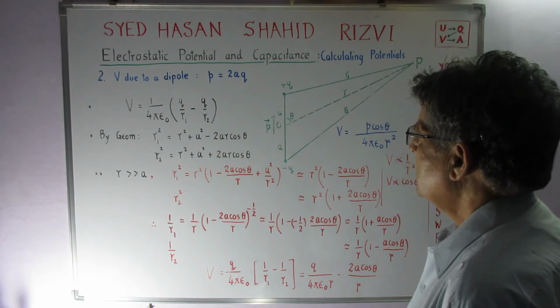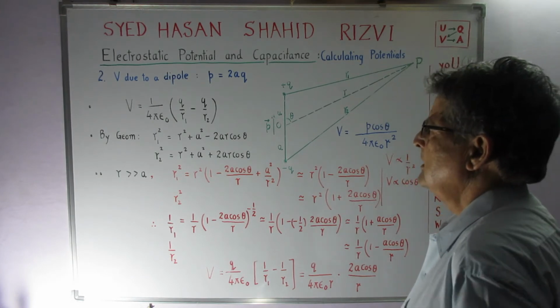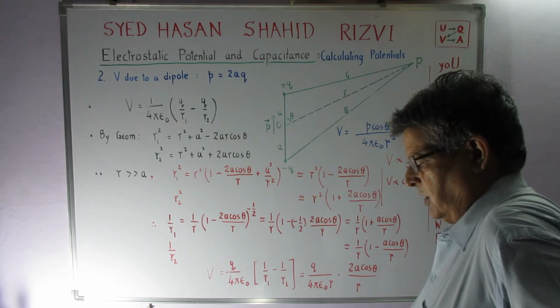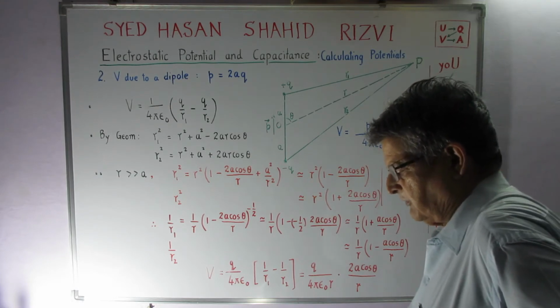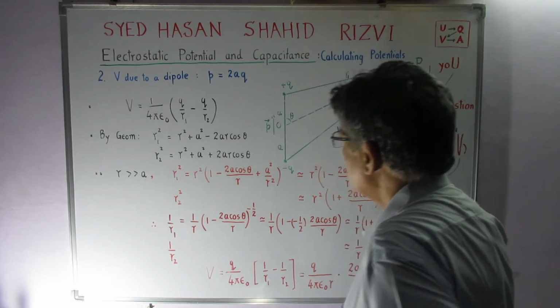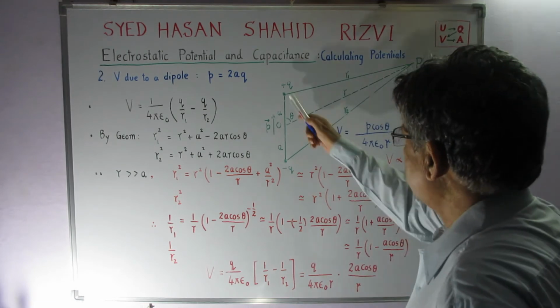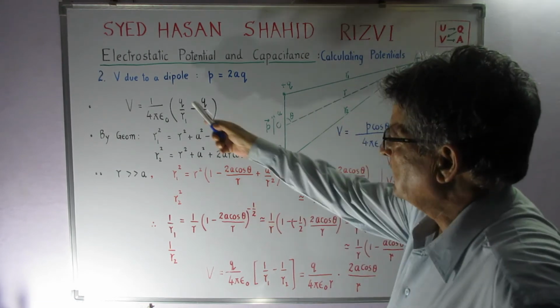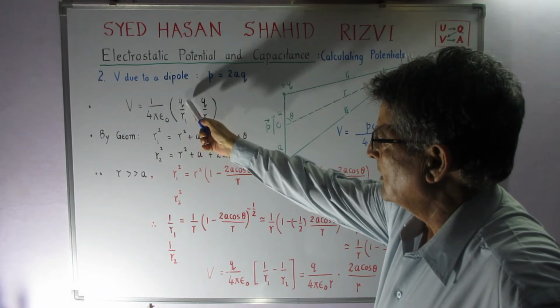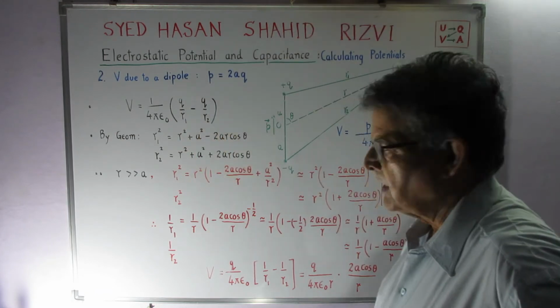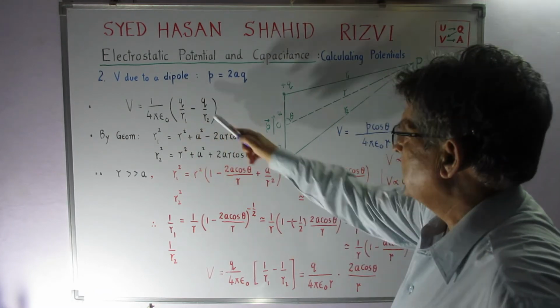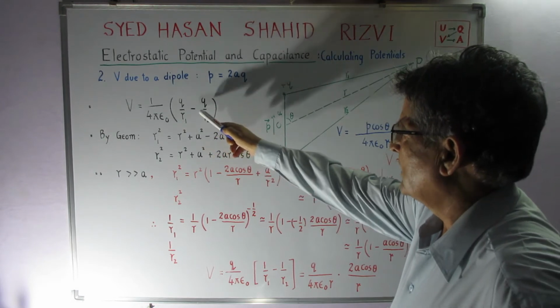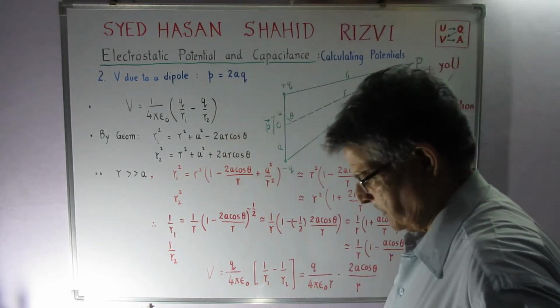It's very easy from the calculations that we did for point charges that for this point charge V will be equal to 1 upon 4 pi epsilon naught q upon r1, and for this one it will be 1 upon 4 pi epsilon naught minus q upon r2.